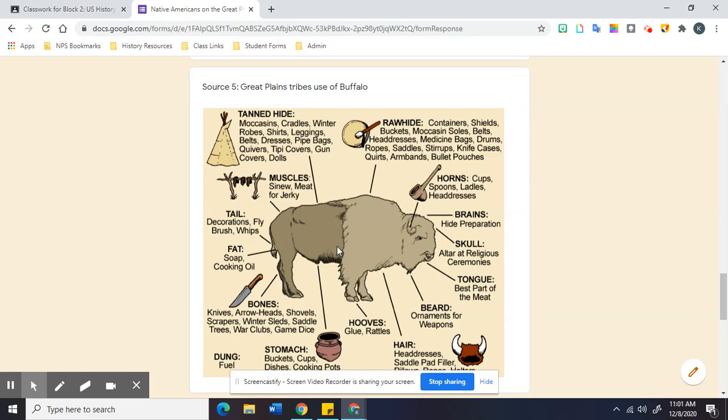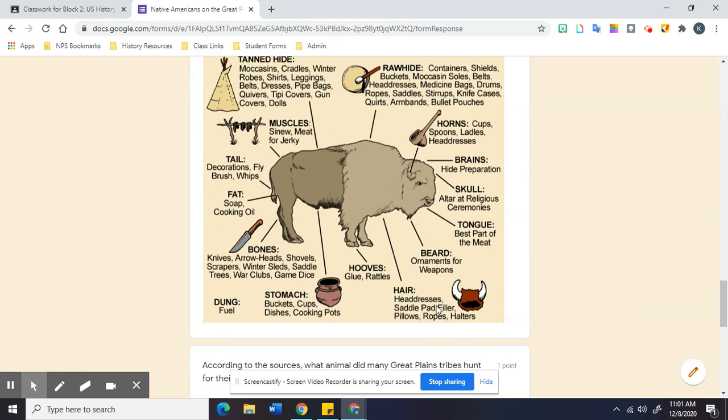They used the brains for hide preparation, the skull at religious ceremonies, the tongue, which is a very tasty part of the meat. They used the beard as a weapon and for ornaments for weapons. The hair, they used it for headdresses, saddle pad filler, ropes, halters. They used the hooves for glue and rattles.